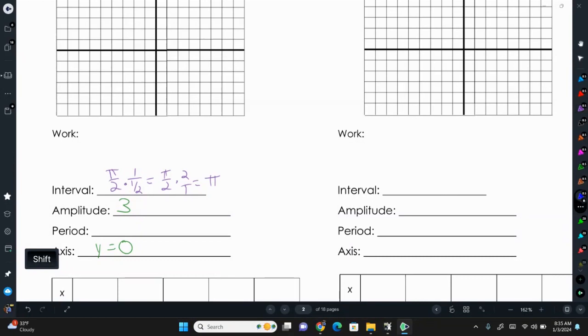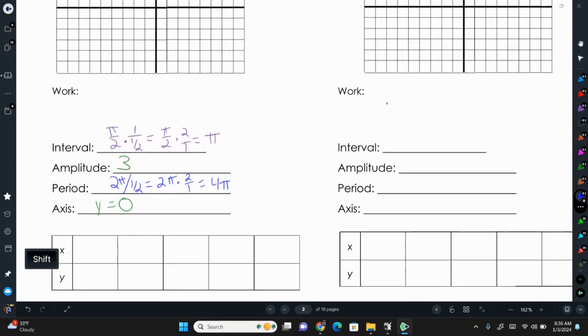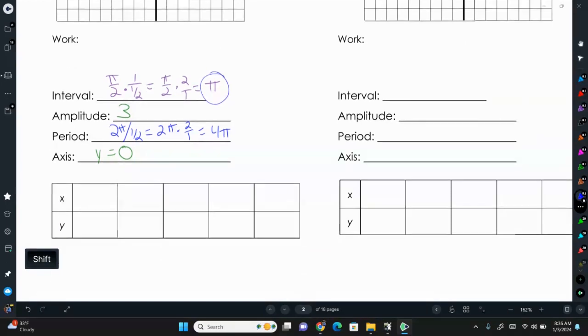And then our period, 2 pi over b, which again is 1/2. That's 2 pi times 2 over 1, which is 4 pi. So our function repeats itself every 4 pi. And if you notice, if I take 4 pi and divide it by 4, I get pi, which is our interval. So in our table, start at 0, and then we're going to go up by our interval.